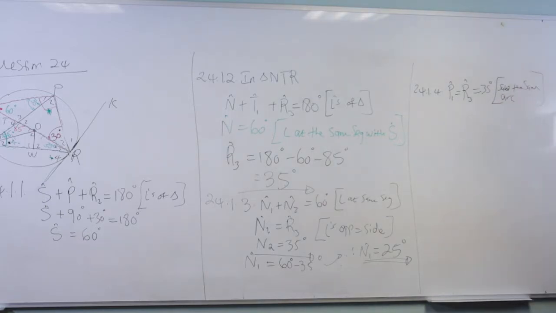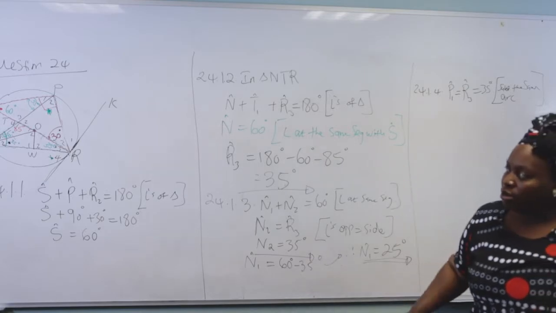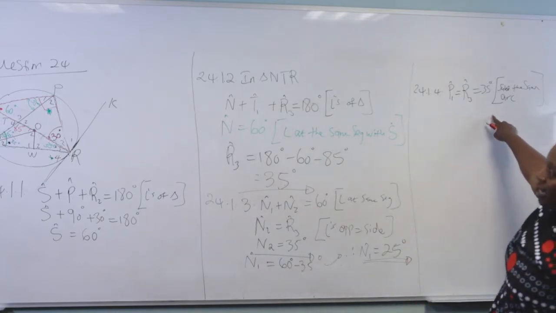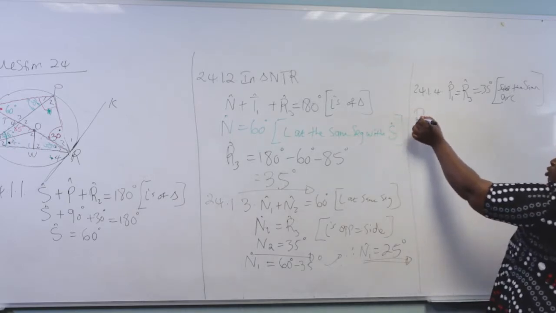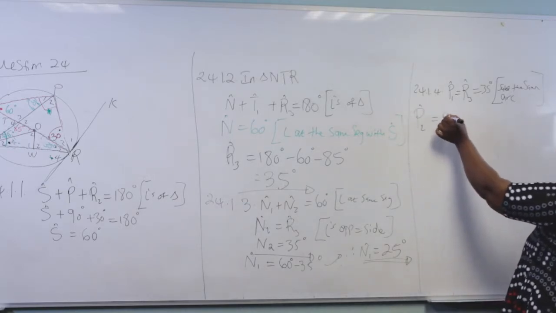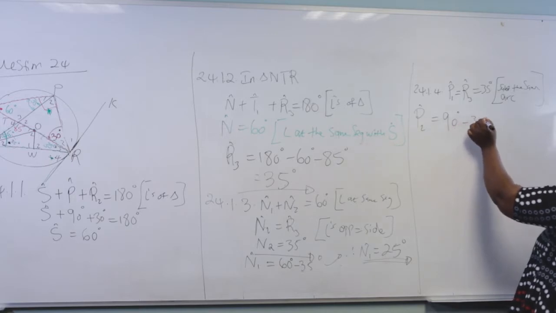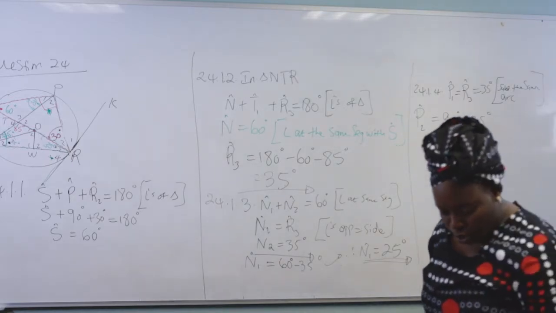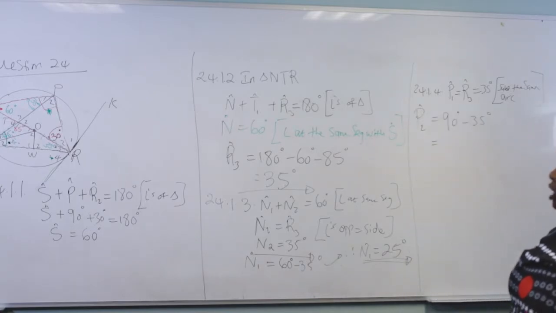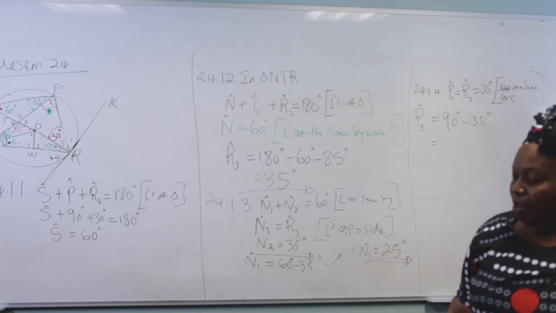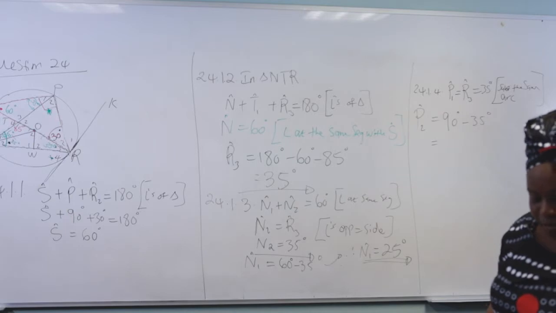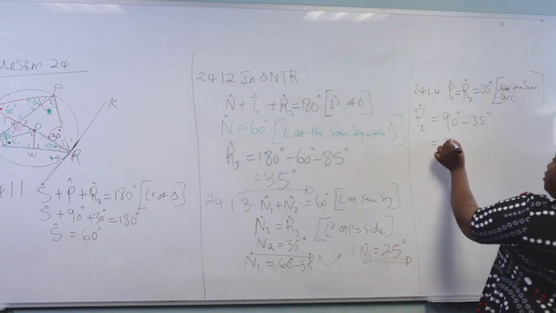Now we are talking about the arc because we are using the angle in the same segment. And we said this is that. So it means that P2 will be equals to 90 minus 35, because P1 plus P2 is 90 due to the fact that it is the angle that is subtended by the diameter. So what is 90 minus 35? 90 minus 35 will give us 55 degrees.